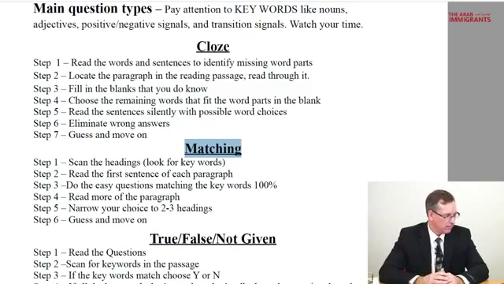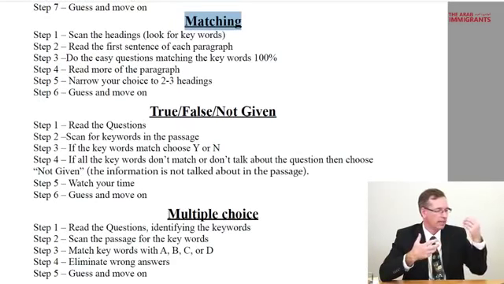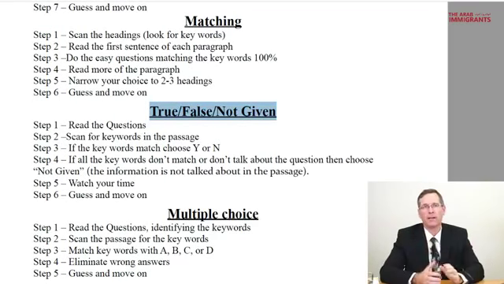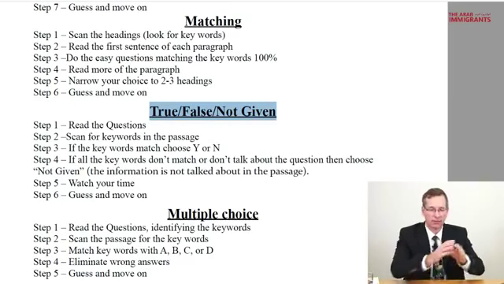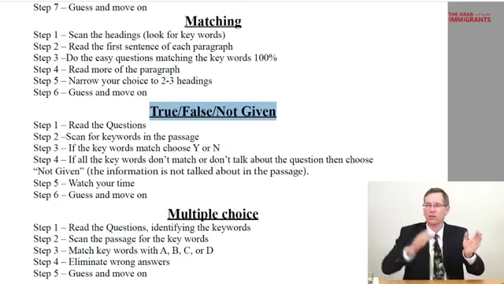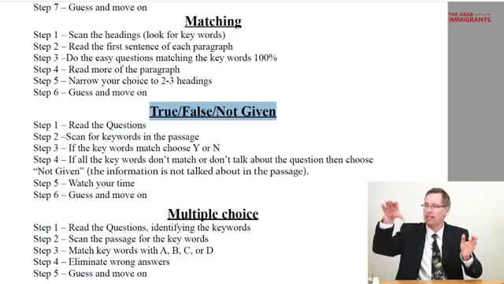True, false, not given. This is where you have questions saying, for example, did Canada become a country in 1862? That's your question. So as I'm reading through, I'm looking for a date, because it shows me a number, 1862, and as I read through, it says, oh, Canada became a country in 1867.